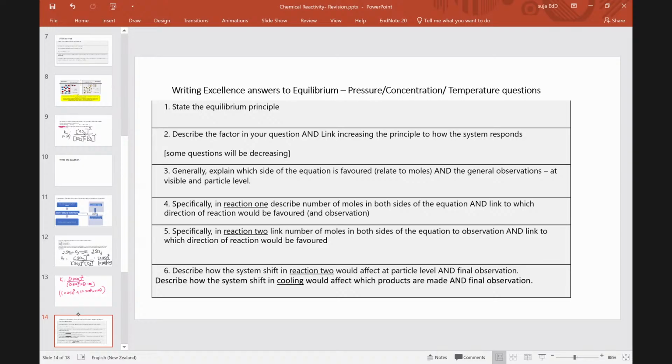If it's an exothermic reaction and you have increased the temperature, then your equilibrium constant decreases. If you have decreased the temperature, then the equilibrium constant increases.